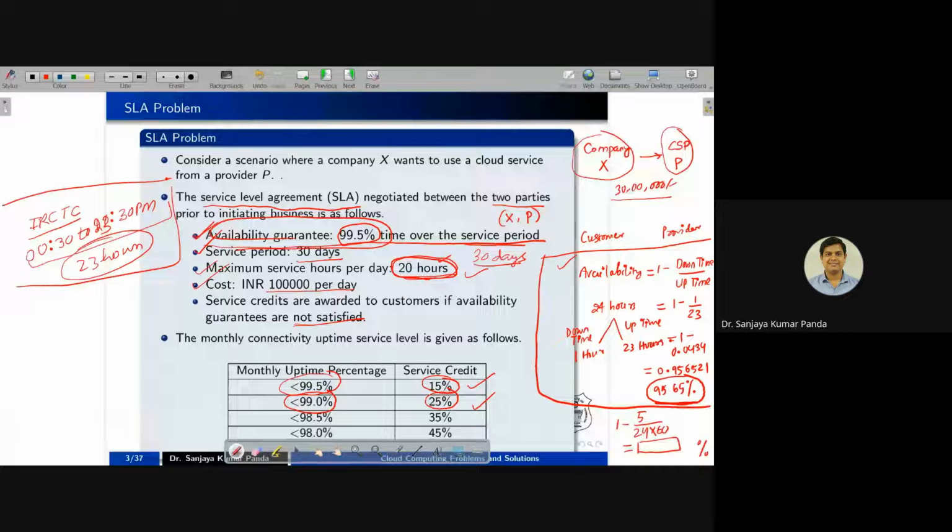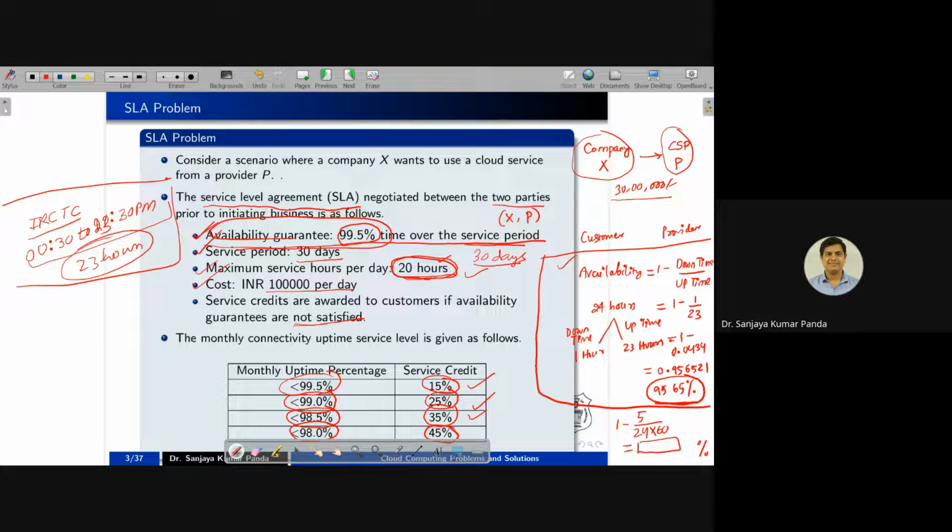If it is less than 98.5% but greater than or equal to 98%, the service credit is 35%. And lastly, if it is less than 98%, suppose our availability is 95%, then the service credit is 45%.